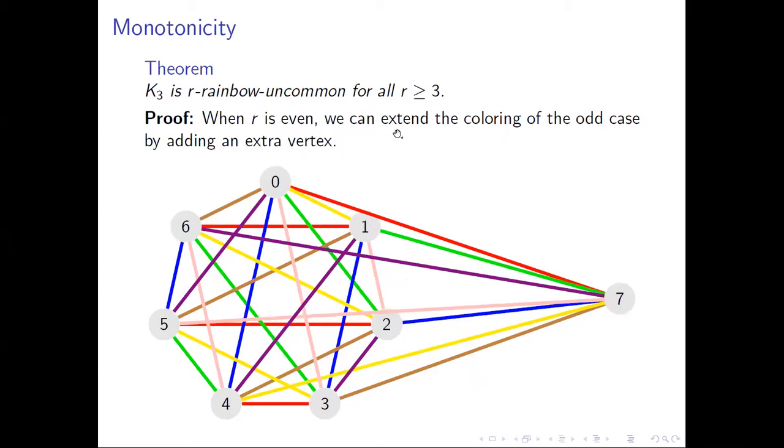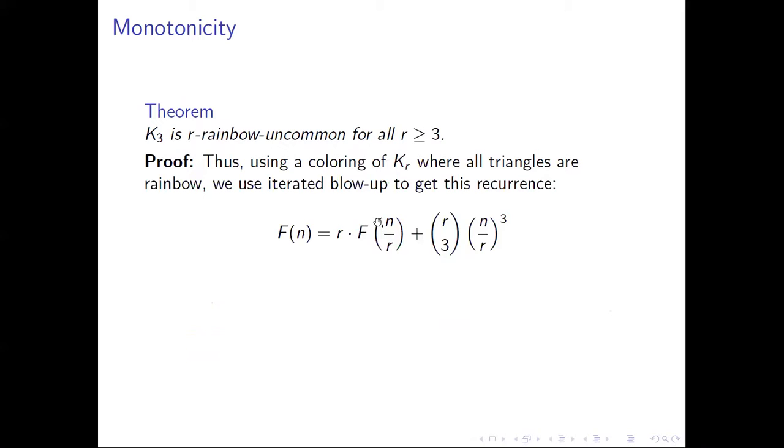Extending this to even, so a K8, all we need to do when we add our new vertex right here is connect it to the previous vertices with the missing color. So here, notice that that vertex right here has all the colors connected to it except red. So that's the one we use here. The 2, it has all the colors connected to it except blue. So we use that one. And here, same thing, every K3 subgraph is a rainbow.